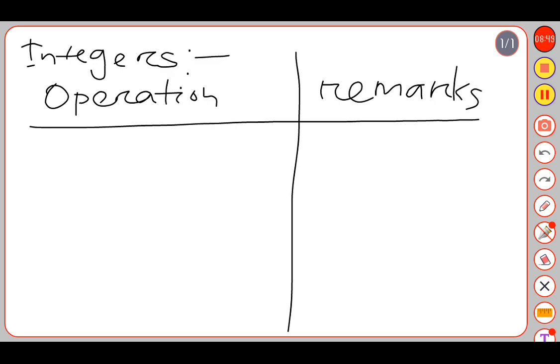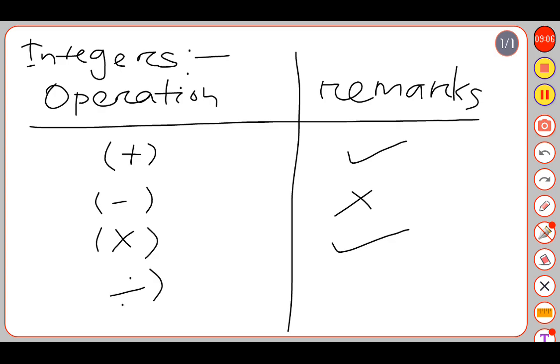The integers are also associative under addition and multiplication, but they are not associative under division and subtraction. That is, in addition it will follow, in subtraction it doesn't follow, in multiplication it follows, in division it doesn't follow.